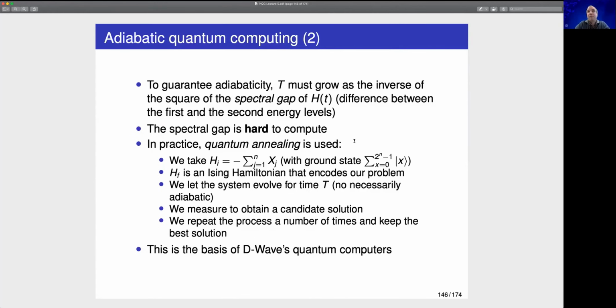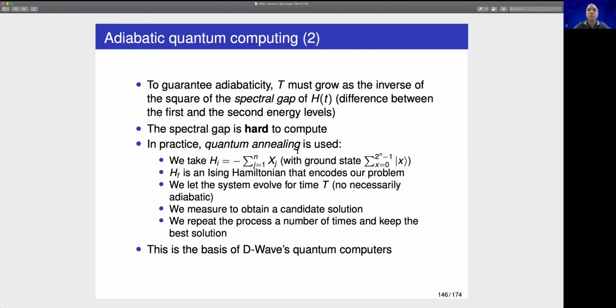Okay, so this problem is even more complicated than the one that we had before. So what do we do in practice? In practice, it's not easy in general to compute this spectral gap, this difference, and then to determine the time that I need to do this evolution.